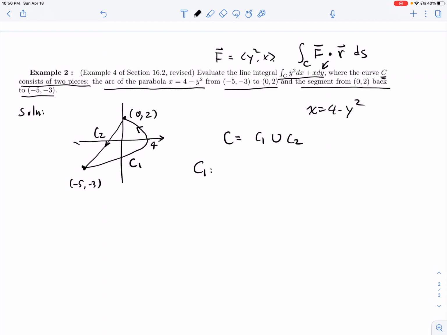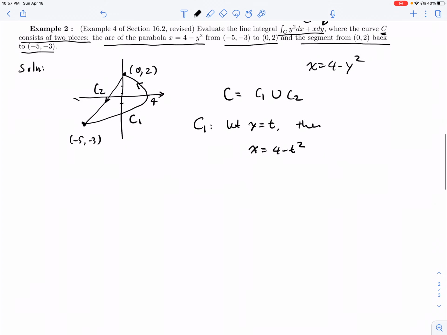And if we use y as a parameter, then we can do that because it's really saying that you can solve x in terms of y. So we can say let y be t, and then x is going to be 4 minus t squared. Of course, you don't have to change the variable from y to t, but that way makes it somehow consistent with the notation we are talking about.